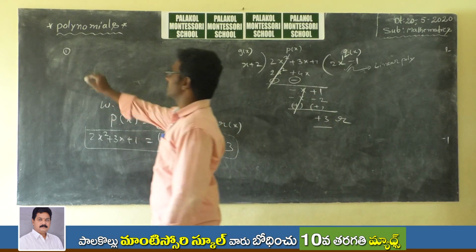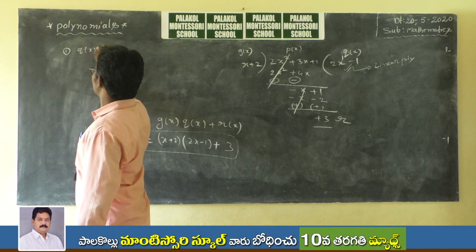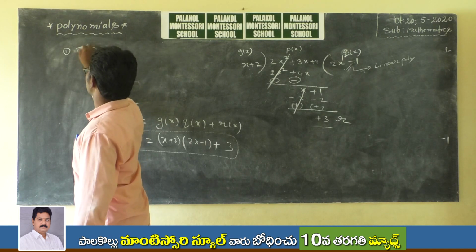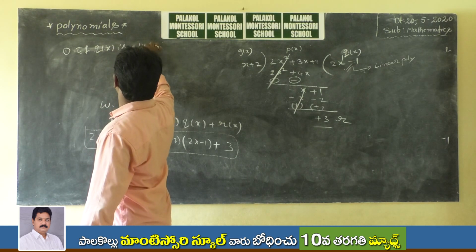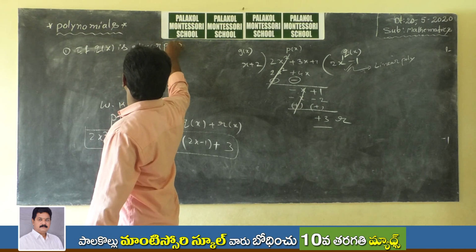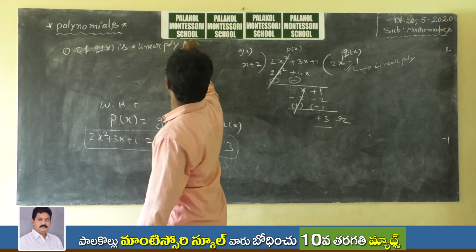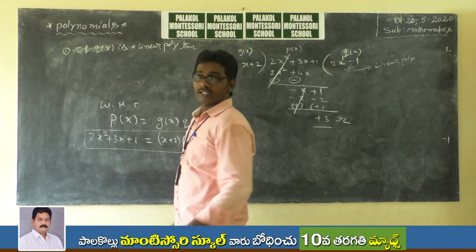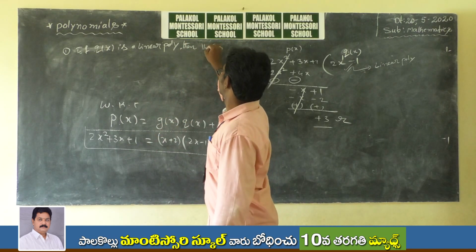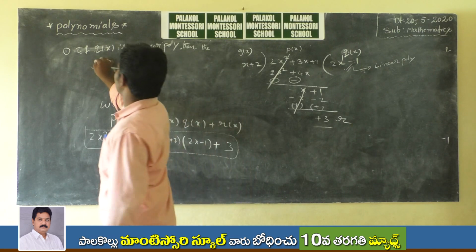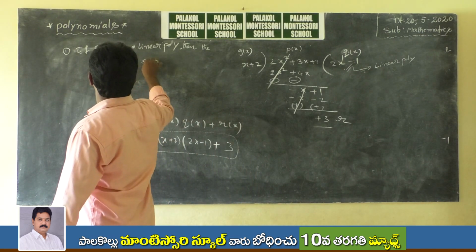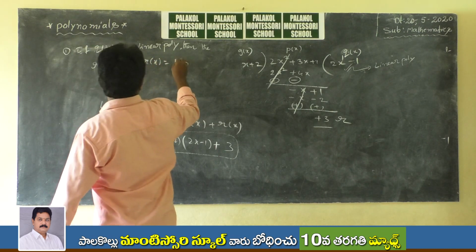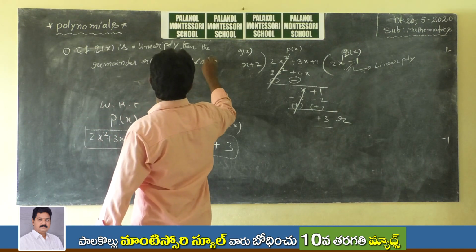So if q of x is a linear polynomial, then the remainder r of x is equal to r, a constant.